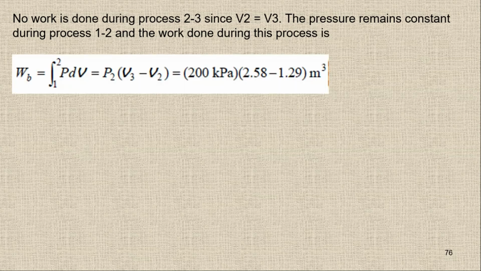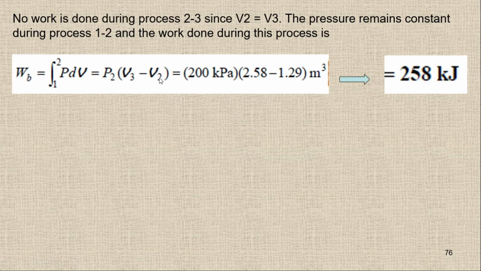So the boundary work, the integral of P dV from 1 to 2, is simply P times V3 minus V2, or delta V, and then we have 200 kilopascal, and then V3 minus V2, and this way you will get the answer which is equal to this one. Sorry, there is a mistake, this one is V2 and this is V1.